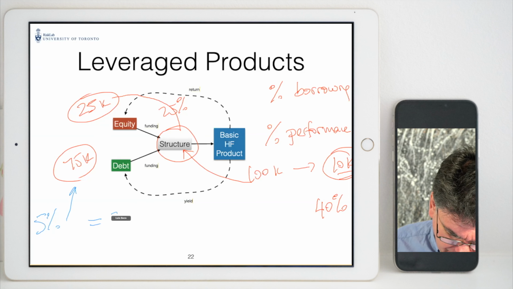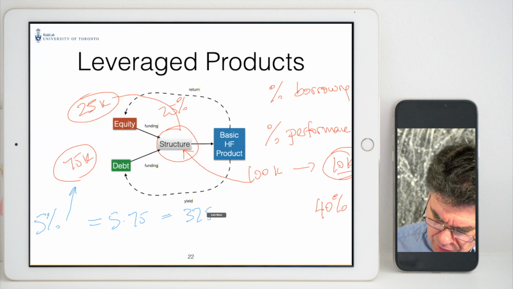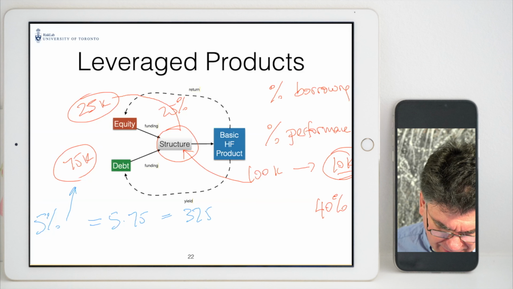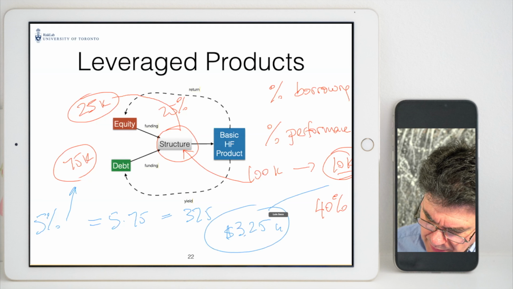So I have to multiply 5 times 75,000. So I have $3,750 that will have to be deducted from that. So I make approximately $12,000.